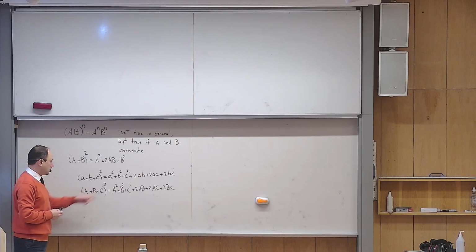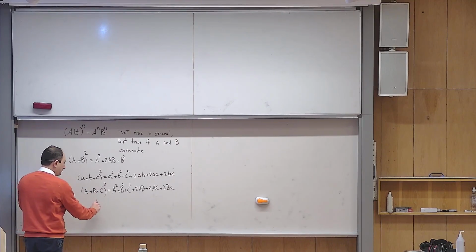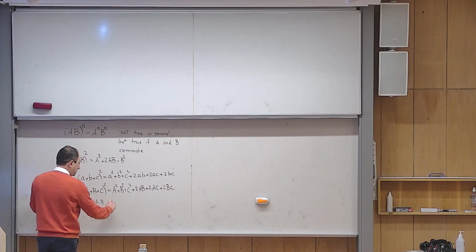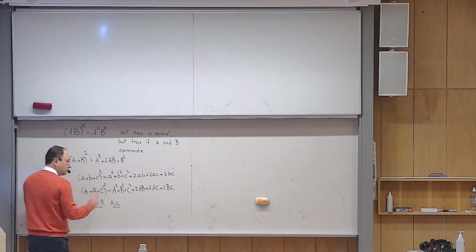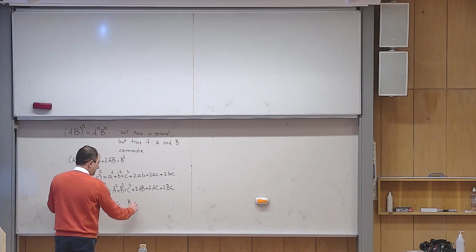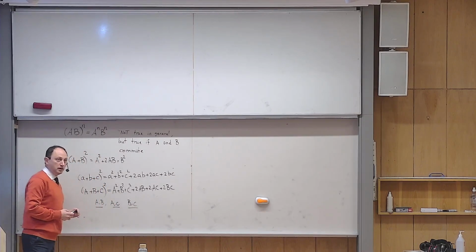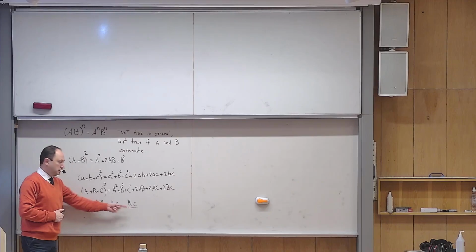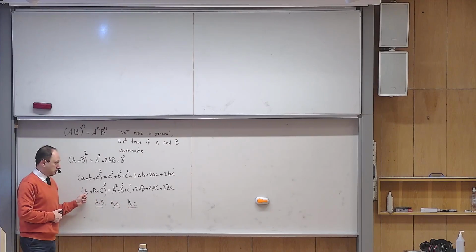I need to check the commutativity of A and B, of A and C, and also of B and C. If all of them are commuting pairs of matrices, then I am allowed to use this identity.